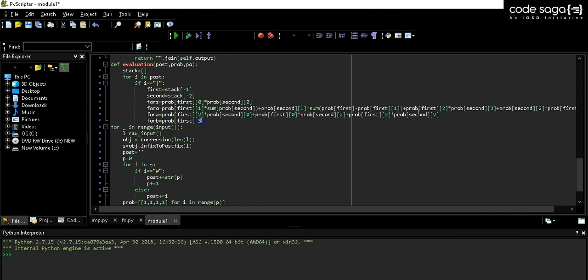For the probability of capital A, wherever you find 2 in the above one, you convert it to 3.